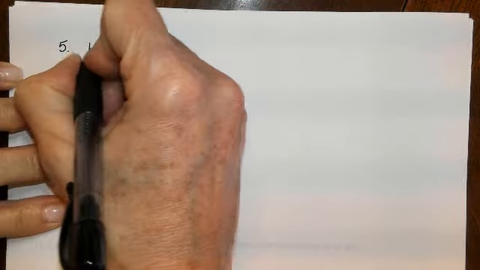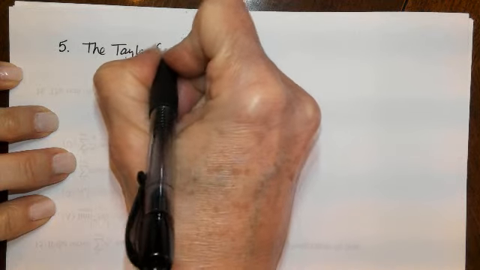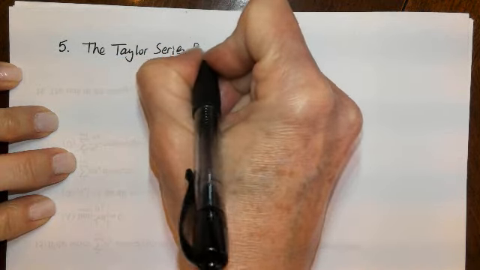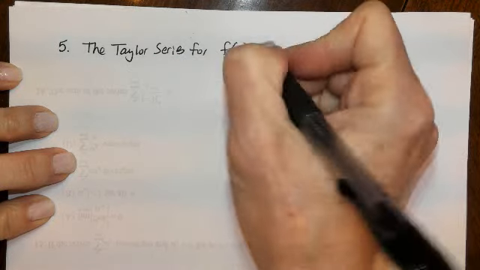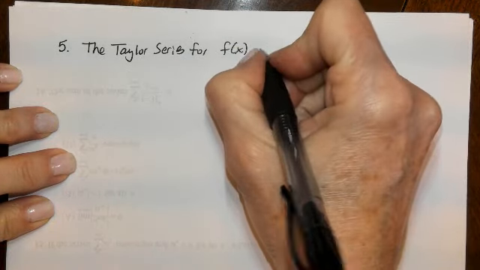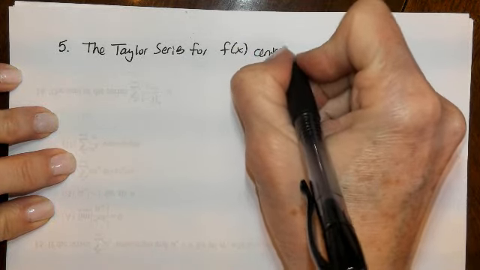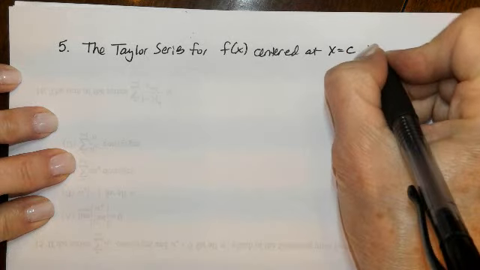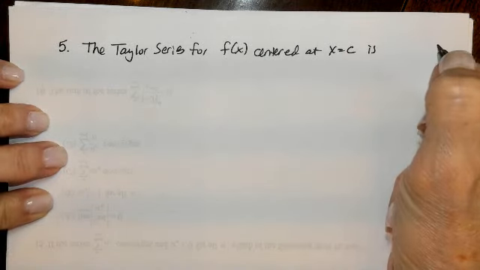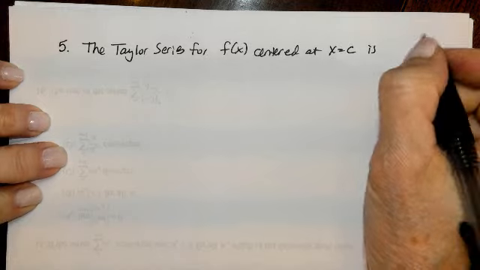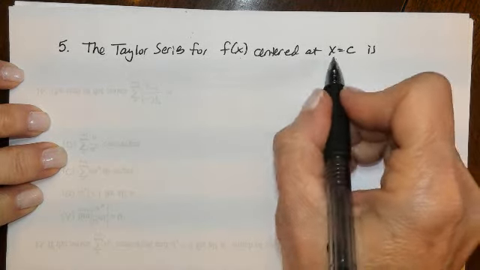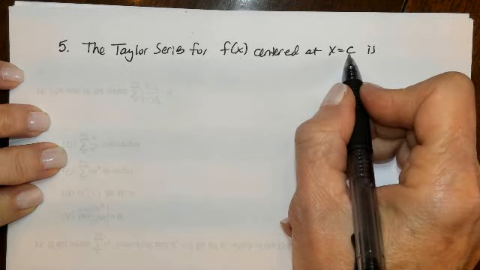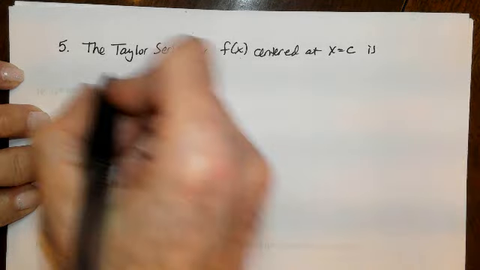The Taylor series for any function f of x, centered at x equals c, is given by, so this is how you find a Taylor series for any function centered at x equals c. C is a constant, okay?